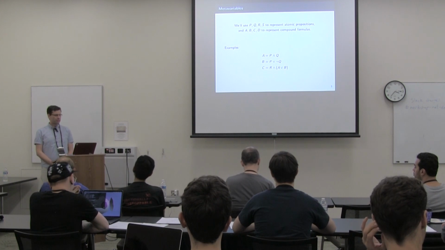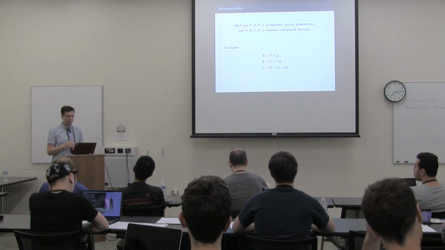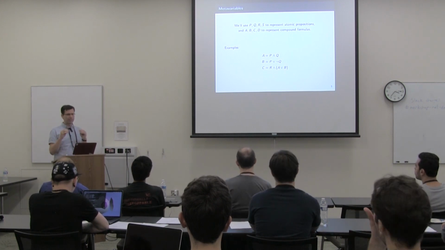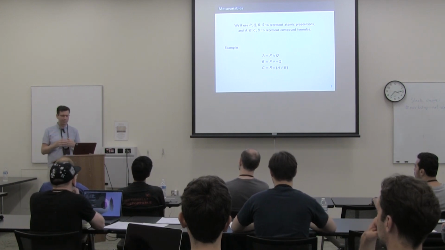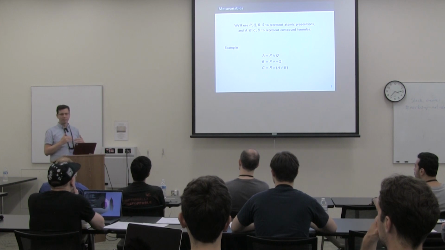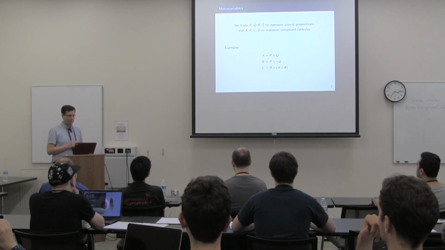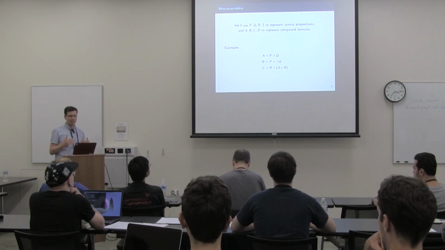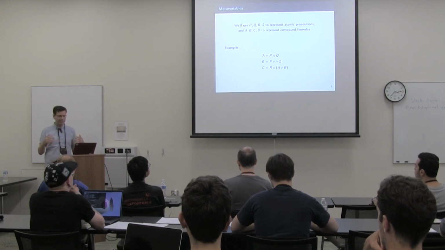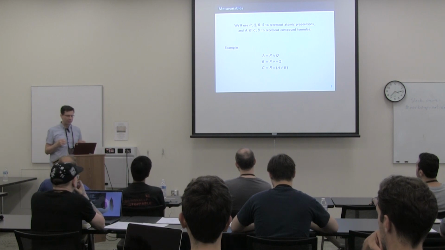To distinguish between propositions that are atomic, like it is raining, and compound propositions that are made up out of other propositions, I'm going to use different variables to stand for them. If I use letters P, Q, R, S, those represent atomic propositions. If I use letters A, B, C, D, those represent compound formulas.